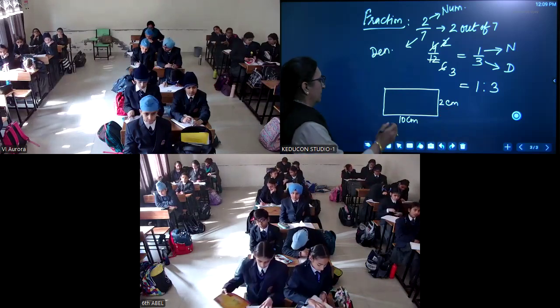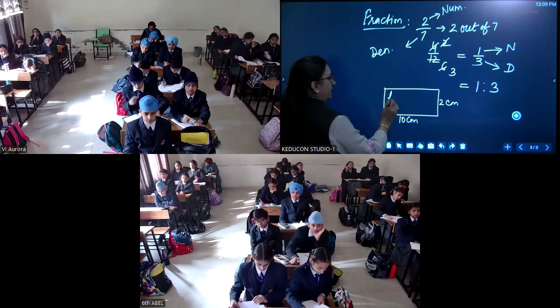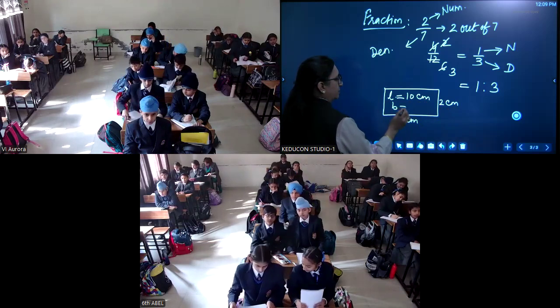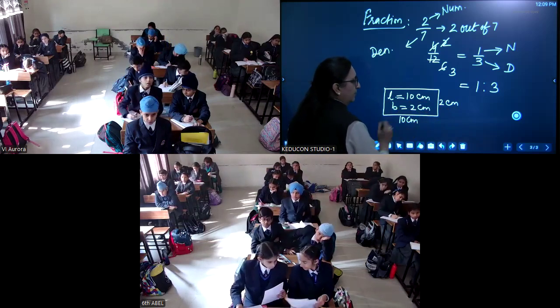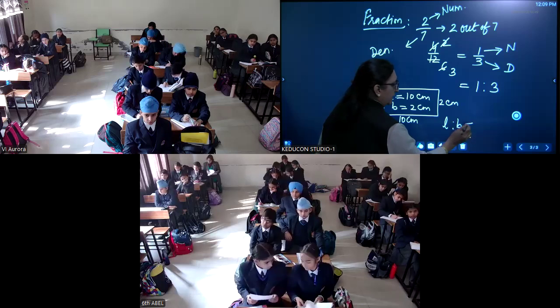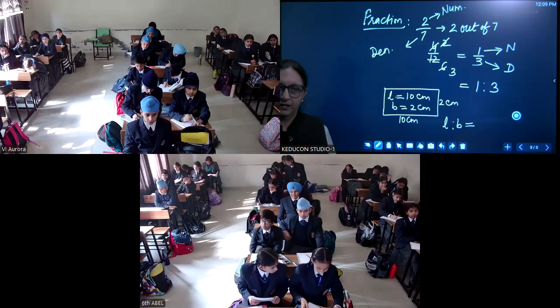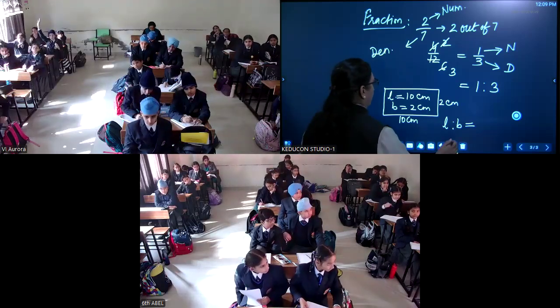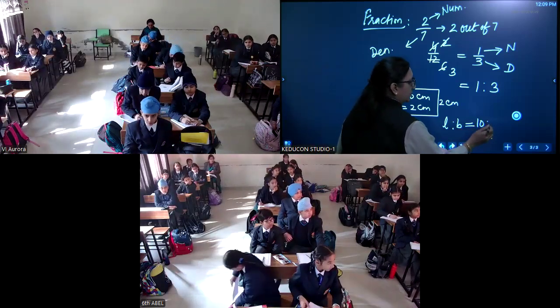Okay. Now I can write it as L is equal to 10 centimeter. Breadth is equal to 2 centimeter. If I want to write ratio of L ratio B, what would I write? L ratio B will be equal to 10 ratio 2.